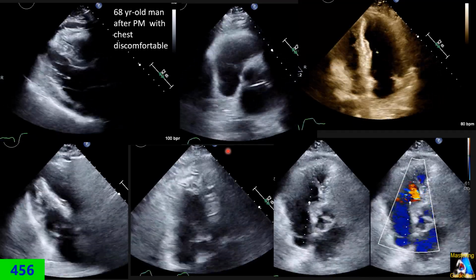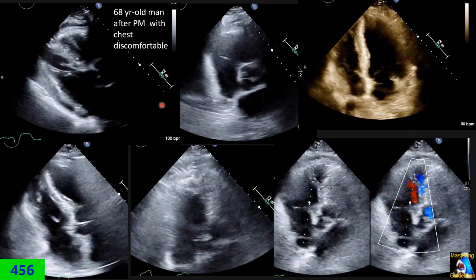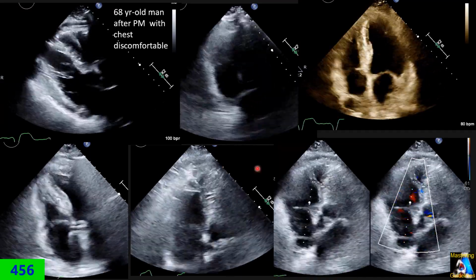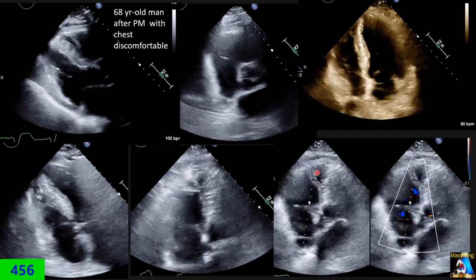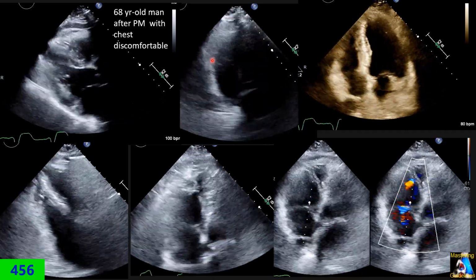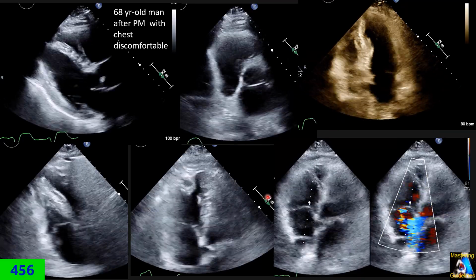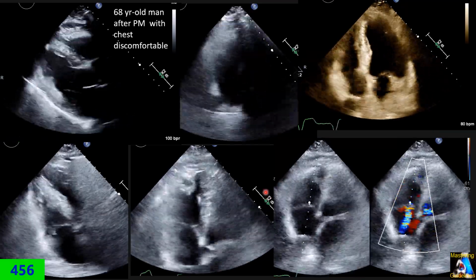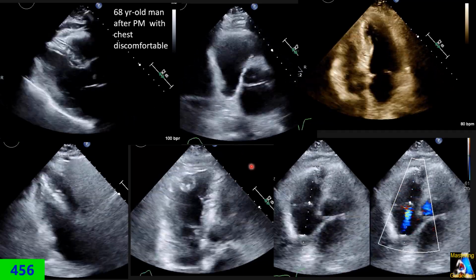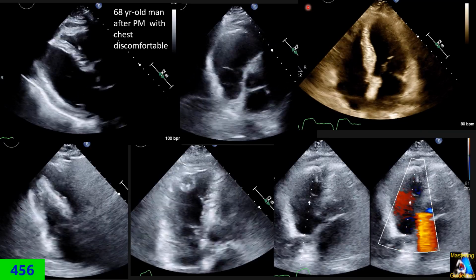The doctor requested an echo and we got these images. In those clips we cannot see the pacemaker lead. What is the best view for finding the lead and location of the pacemaker, and what do we have to do in this case?